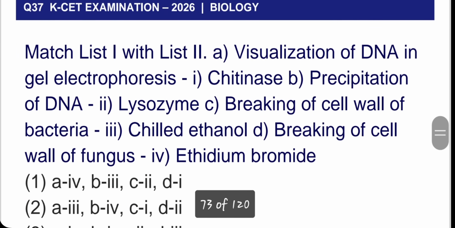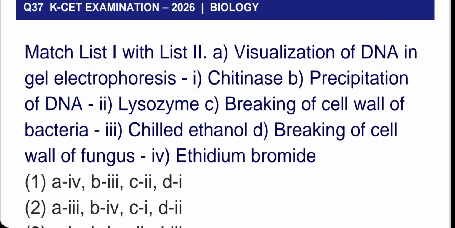Match the list. Visualization of DNA in gel electrophoresis is list 1, lysozyme, then chilled ethanol, ethidium bromide. Visualization of DNA in gel electrophoresis is by ethidium bromide. A is 4.